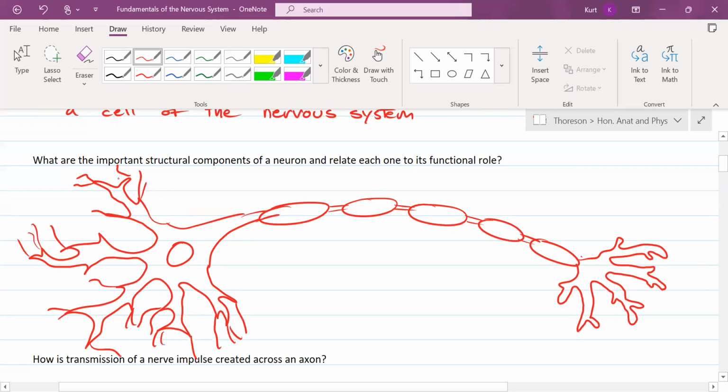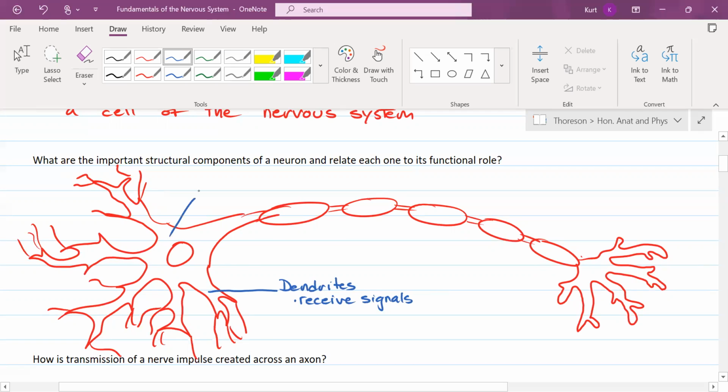All right. So what are these structures here? Do they send signals or do they receive signals? They receive. There's been some confusion of that today. Let's get it straight. They receive signals from the previous neuron.